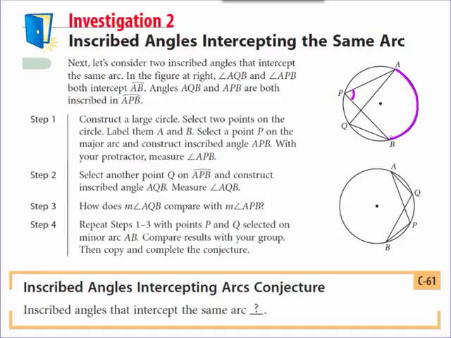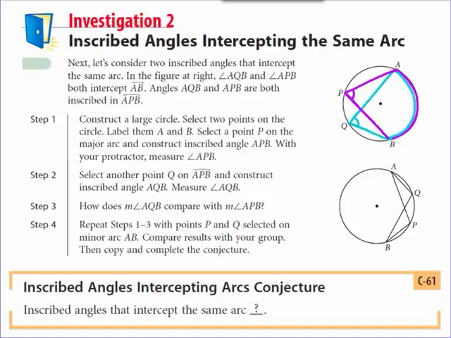Then I have angle Q. Now for those of you wondering how that happens, if I look here, here are the sides of Q, so that makes an angle there. P goes here to here.